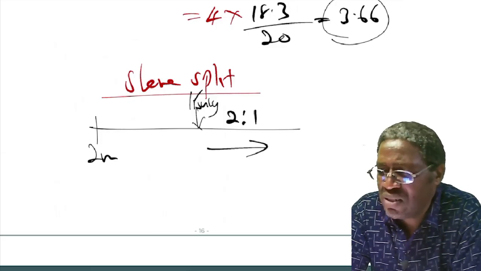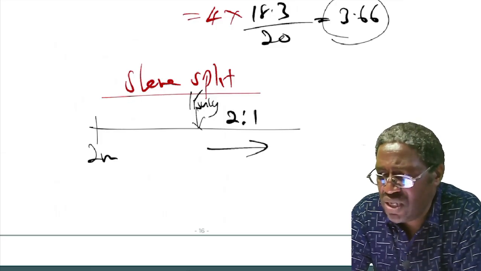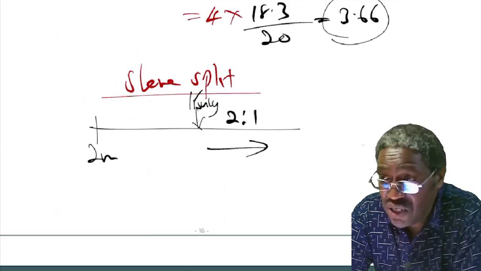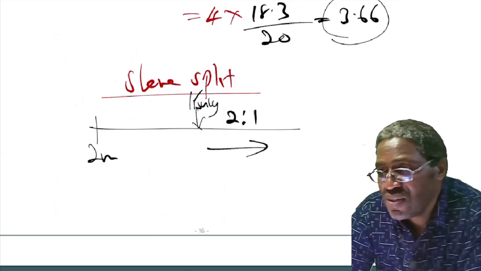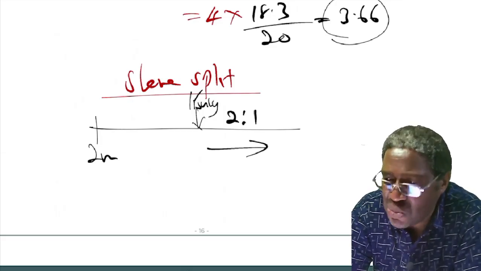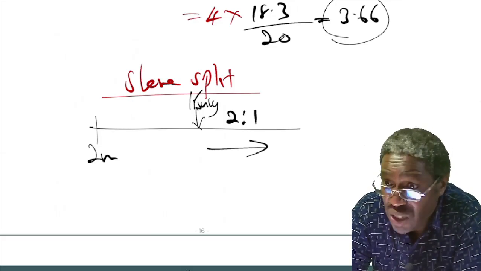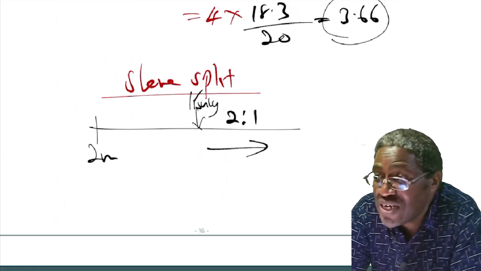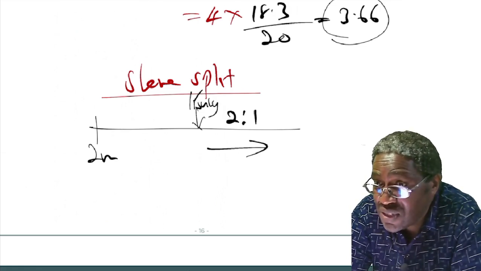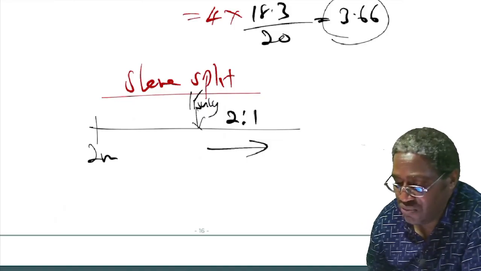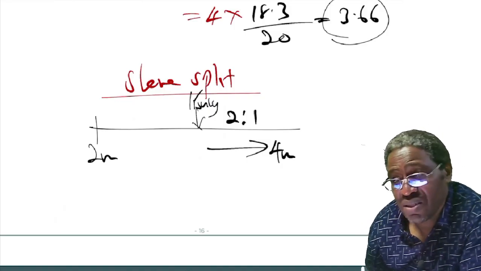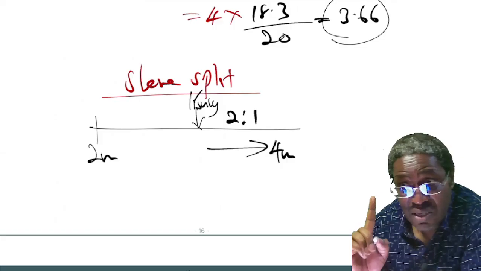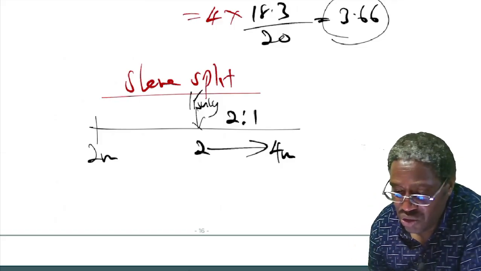So from July, in the register of shareholders, how many shares will you find? Correct. Gilbert, you are right. 4 million. Meaning we issued 2 million on 1st of July.